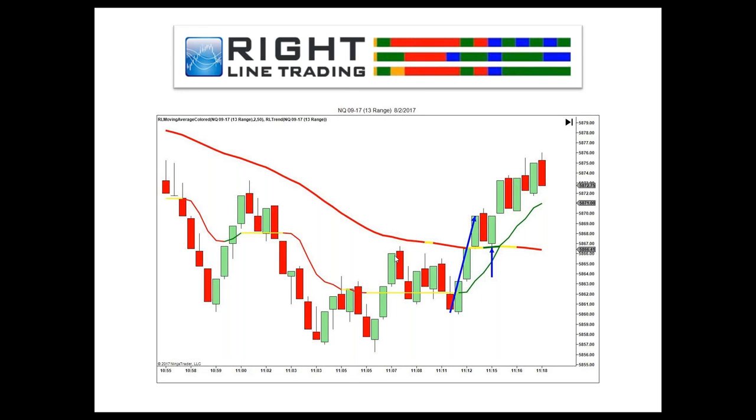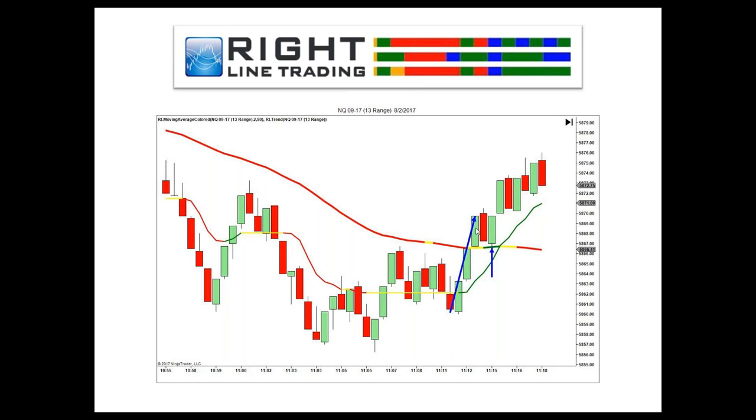Now, if you read about three white soldiers in Stevenson's book, he always tells you that you have to pay attention to all the other independent variables, all the other issues associated with it. You just can't take these candles. But what these three white soldiers do is they break the 50, you get a quick retracement, and the continuation up.